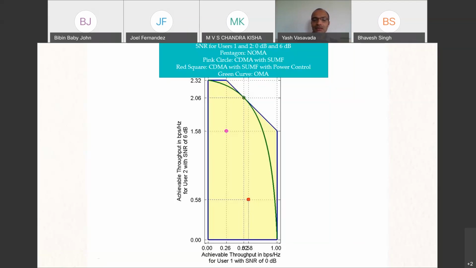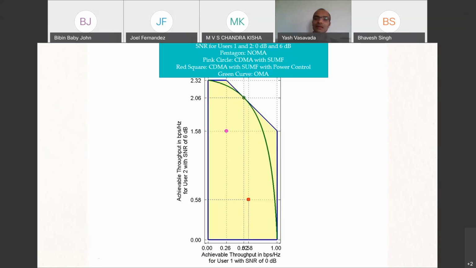Right? I mean, the other alternative would be to ask the weak user to transmit at a greater power so that its signal is received at the same level at which the nearby user signal is received. But that is not possible because the user who is at the edge of the cell, edge of the spot beam, is probably already maxed out.